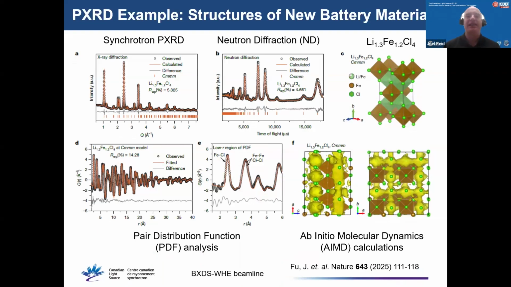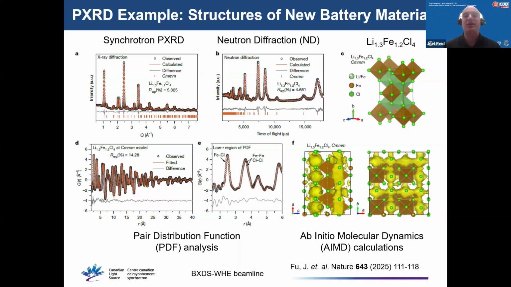Powder diffraction is critical for looking at new battery materials. This is a recent study of an all-in-one cathode material for all solid-state batteries conducted on the CLS Brockhaus high-energy Wiggler beamline. Lithium battery materials are often really challenging to study because lithium is very light and it doesn't scatter X-rays strongly.